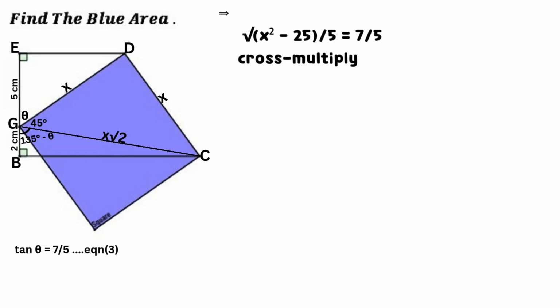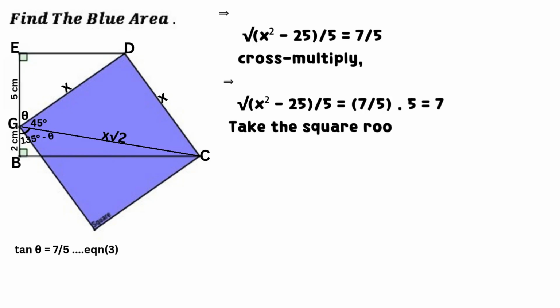This implies that the square root of x squared minus 25, all divided by 5, equals 7 divided by 5. Cross multiply, we have that the square root of x squared minus 25 equals 7. Take the square of the equation. X squared minus 25 equals 7 squared, which equals 49.